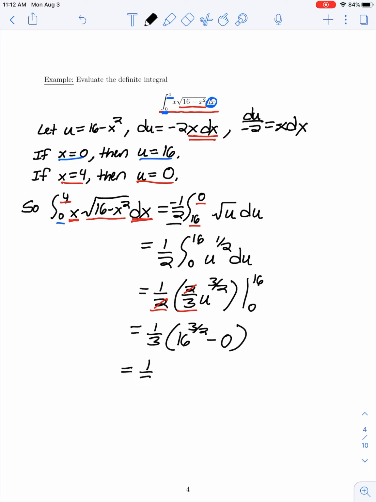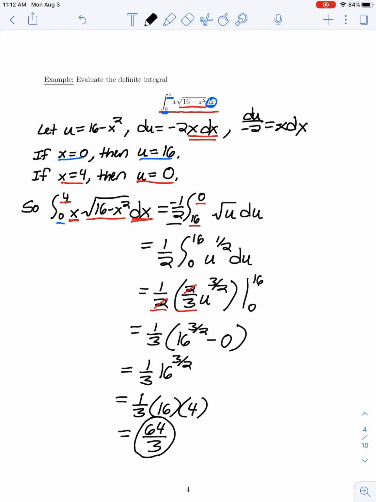So we're left with 1/3 times 16 to the 3/2 power. Now recall, the 3/2 power is the same as taking the number 16 and multiplying by the square root of 16, which is 4. So altogether, we're left with 64 over 3.